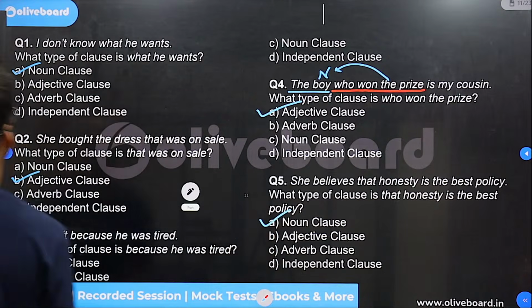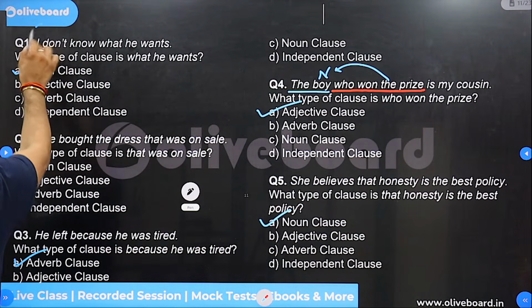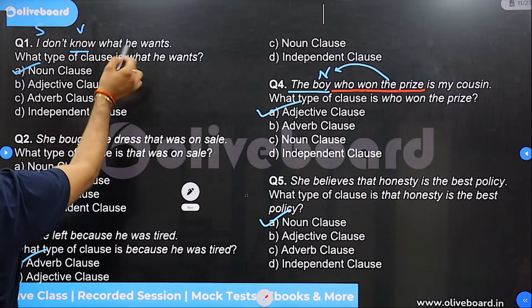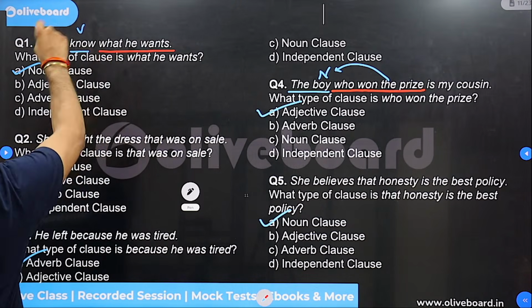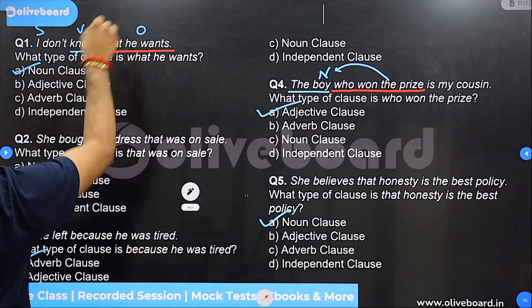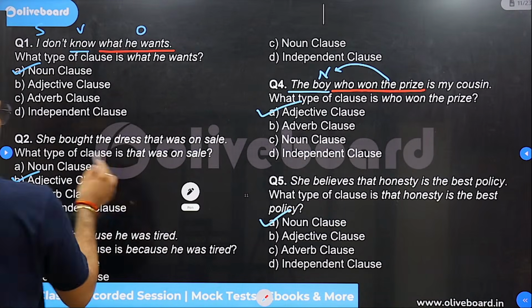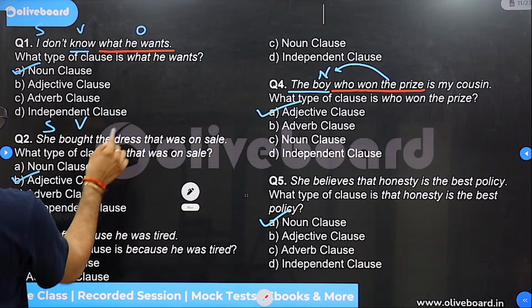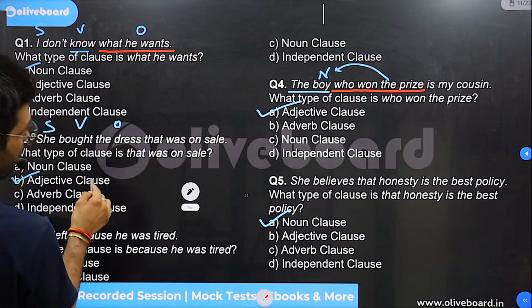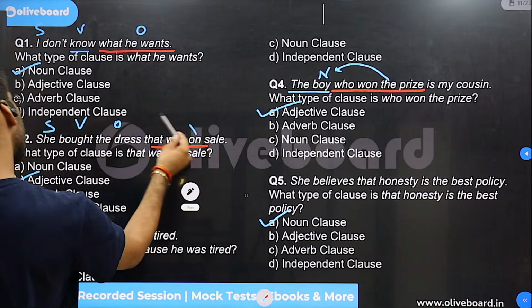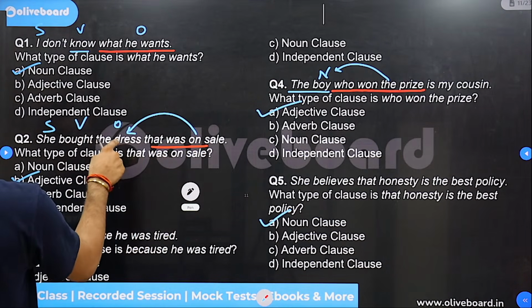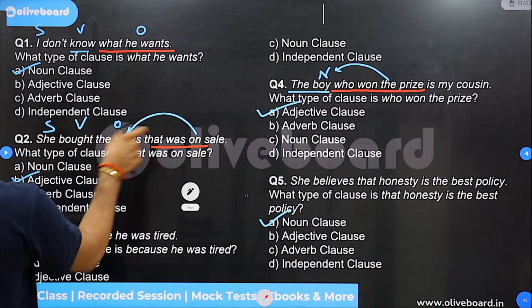True. I don't know what he wants. Subject, verb, I need an object. That has to be a noun clause. She, subject. Bought, verb. Dress, object. Which dress? That was on the sale. That dress. So we have a noun. Words modifying a noun are supposed to be adjectives. Camera went off. Let me change the battery.